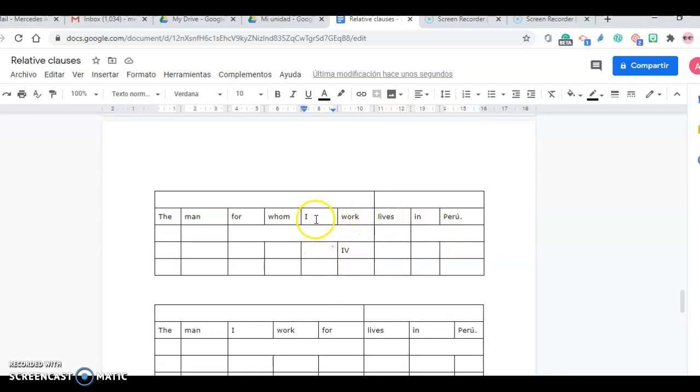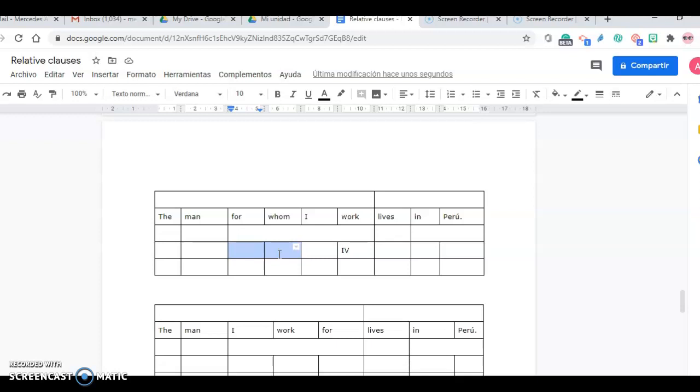Who works? I work. So I is the subject, personal pronoun in the subjective case. I work for whom, right? So this, for whom, is an adverbial adjunct. It's hard to say what kind of adverbial adjunct this is.